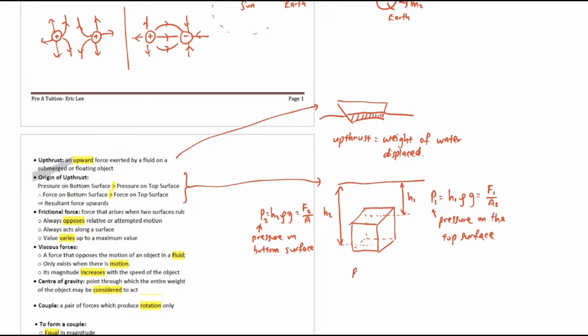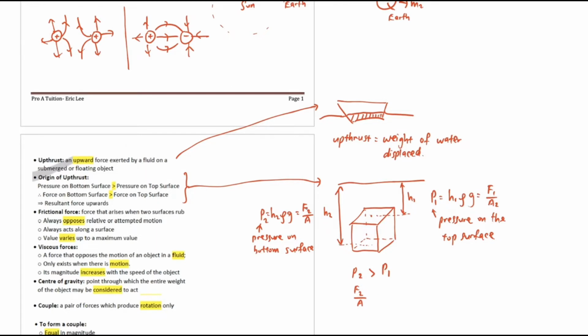So that means we have P2 more than P1. Of course, P2 more than P1 is obviously clear because H2 is greater than H1. That's why P2 is greater than P1.